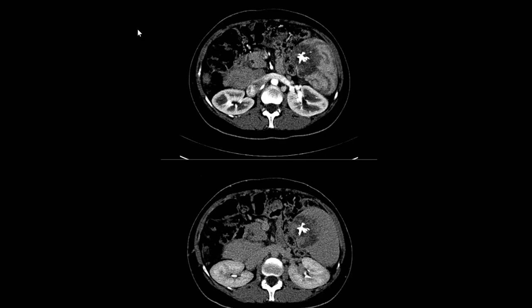What is the classic appearance of a splenic hemangioma? Sir, a soft tissue mass with phleboliths, or no. Sir, could we put lymphoma? What's more? So this is a solid splenic lesion.